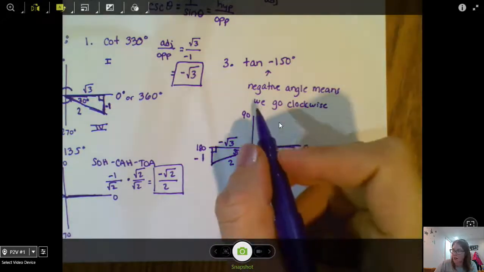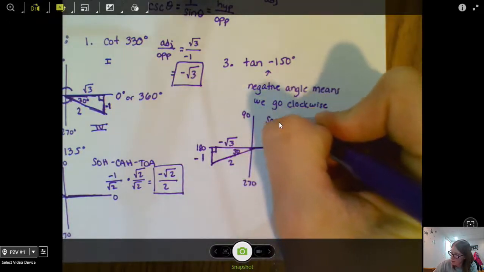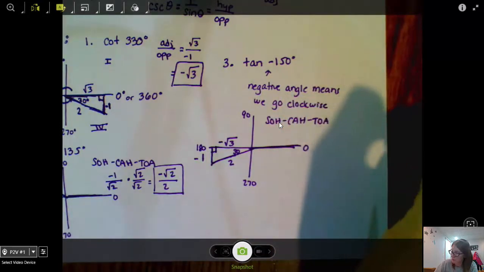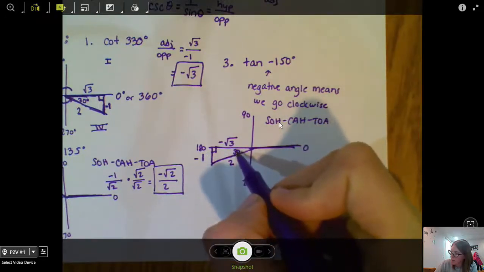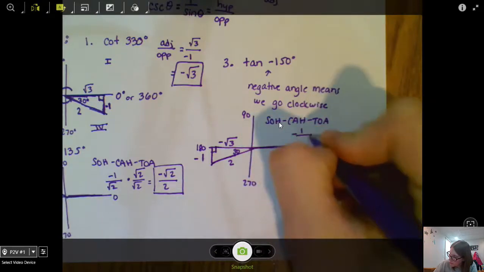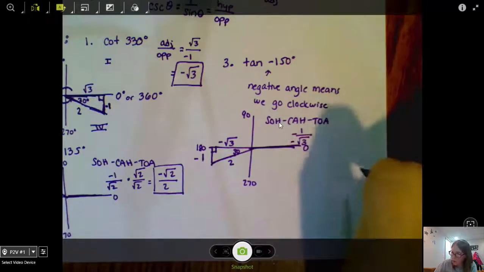The tangent is opposite over adjacent in SOHCAHTOA. Tangent is opposite over adjacent. So from here, opposite is -1 over adjacent is negative square root of 3.